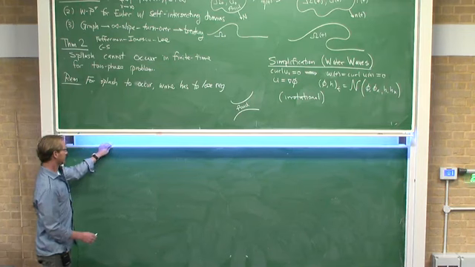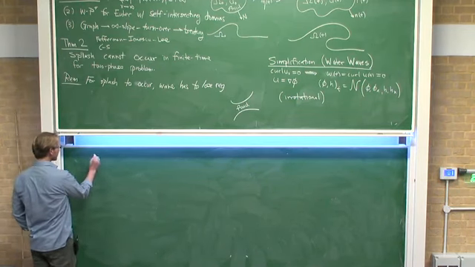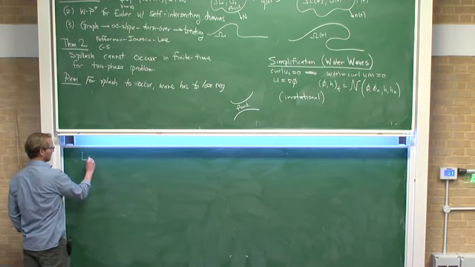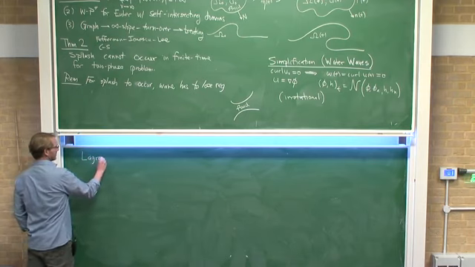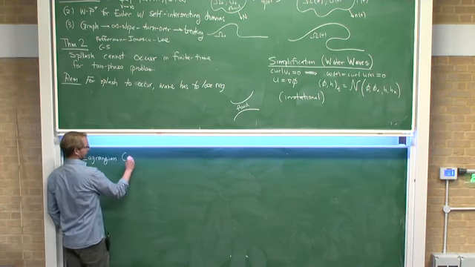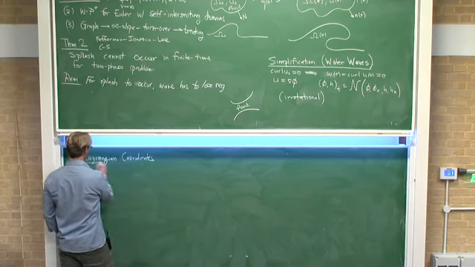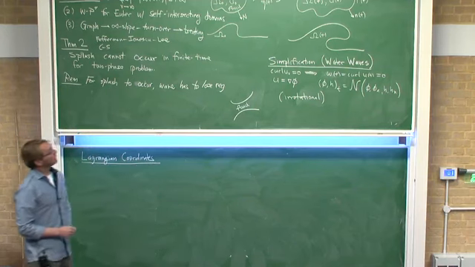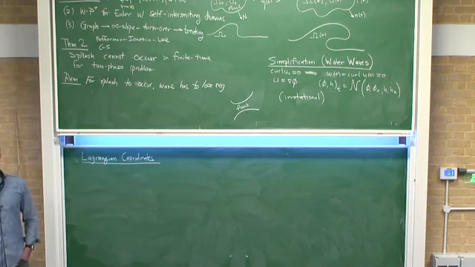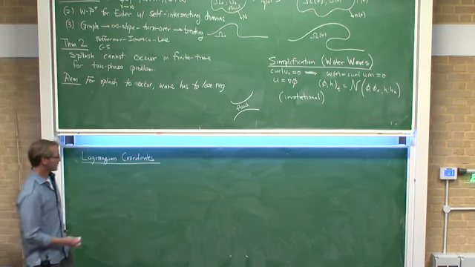So the first idea is the use of Lagrangian coordinates. You can pretty much fix the domain to do analysis of this moving boundary problem in any way that you like, but it's very convenient to use Lagrangian coordinates.